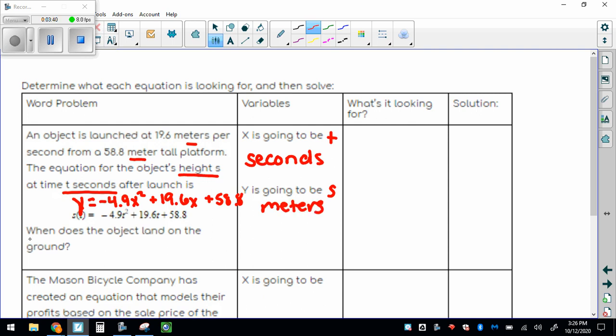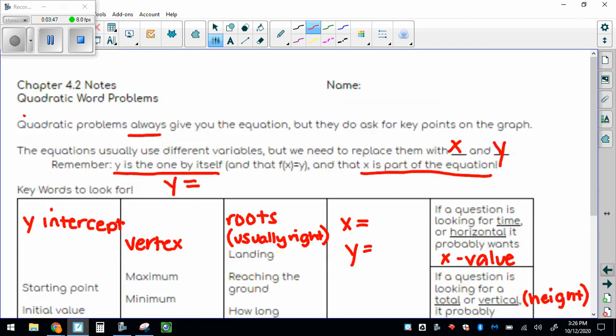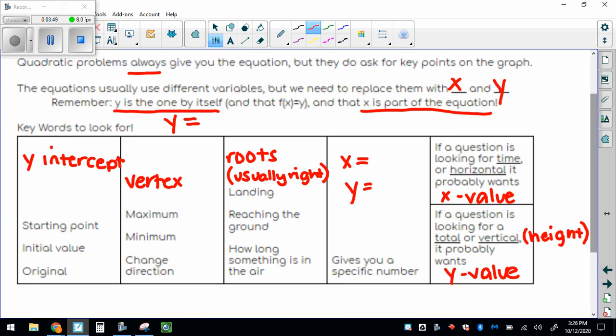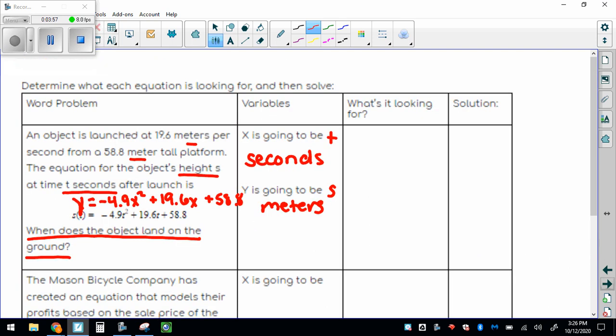All right, the question down here, the last line usually. When does the object land on the ground? Well, if we look back at our hint words, landing on the ground kind of combines these two, landing or reaching the ground. So I'm looking for an x-intercept.